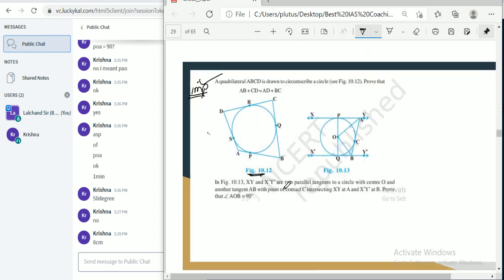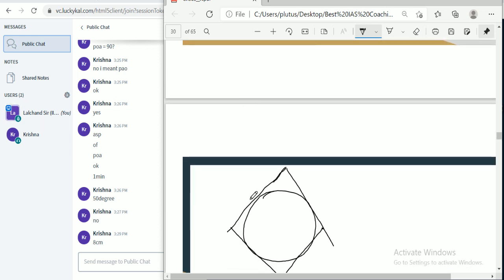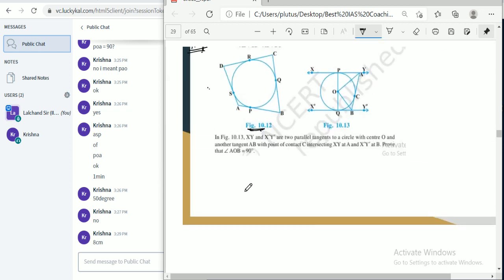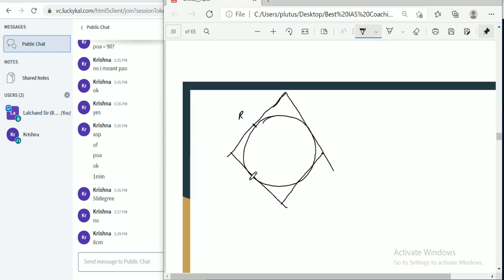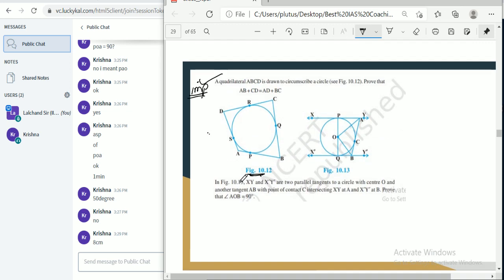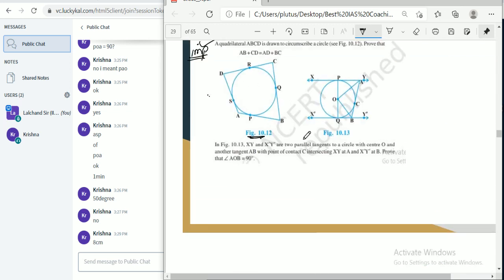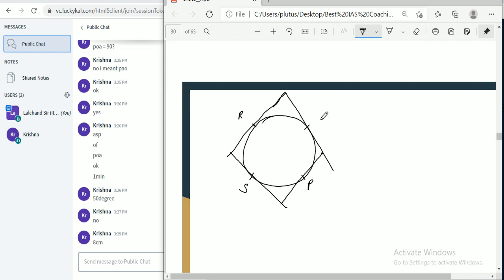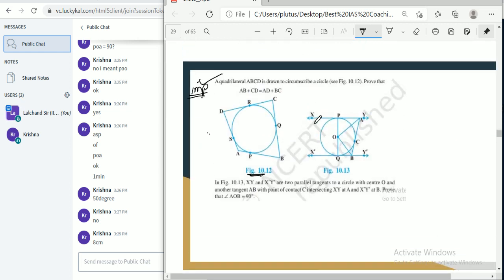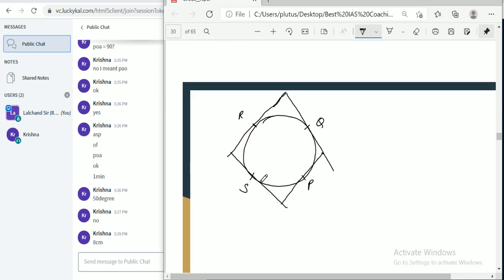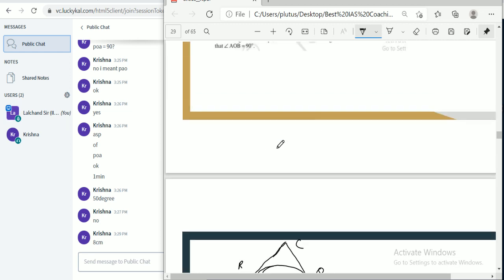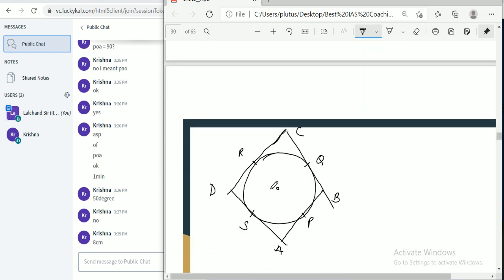This point is R, this point is S, and this point is P, and this is Q. And we have this is A, B, C, and D. This is our center. So let's suppose center is O.